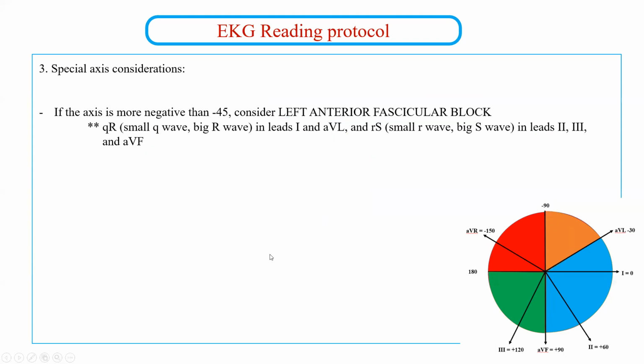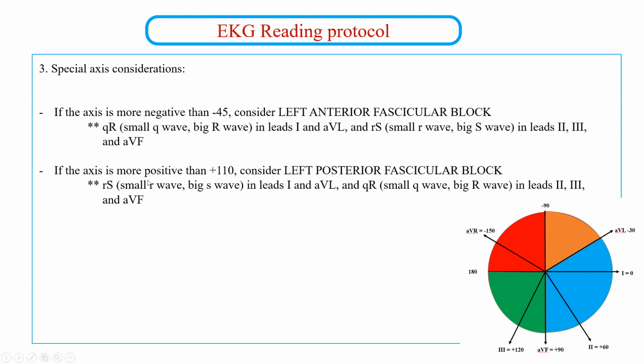Now, consideration number 2: if you have an axis that is more positive than 110, anything more than that, for example 120, 130, 150, 160, whatever, you have to consider left posterior fascicular block. How can we confirm left posterior fascicular block?